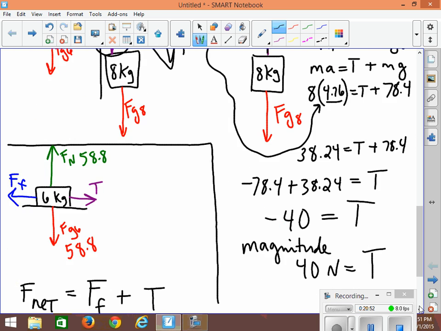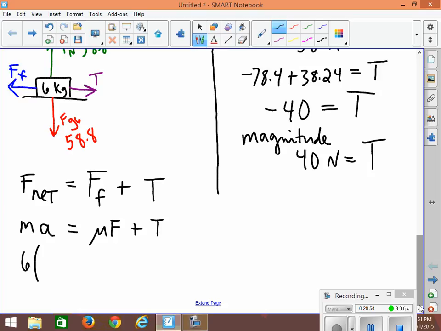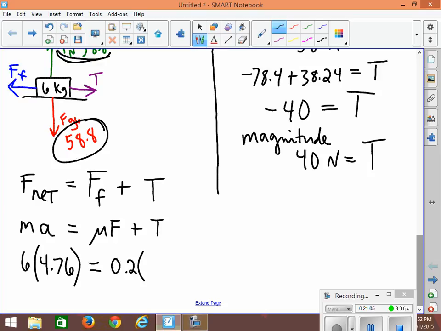So we bring the 4.76 acceleration down here. If that's the whole system, every piece of the system has to have that same acceleration. Our frictional coefficient was 0.2, and our normal force came from the F net Y, which we already calculated, 58.8, so we don't need to worry about that. And then we have our T.